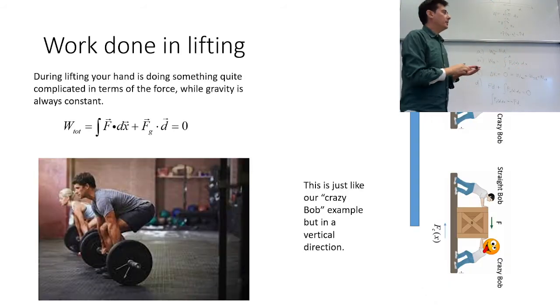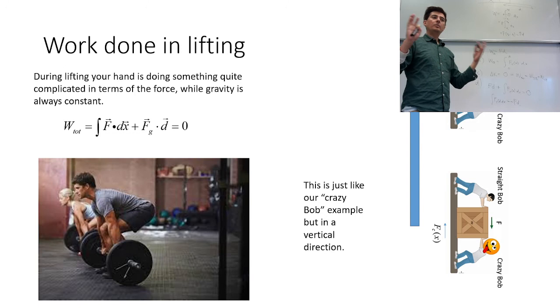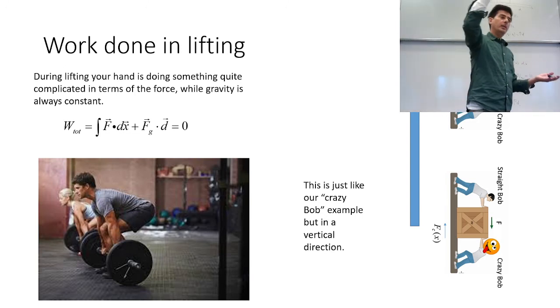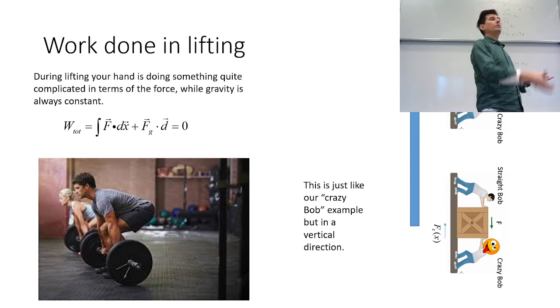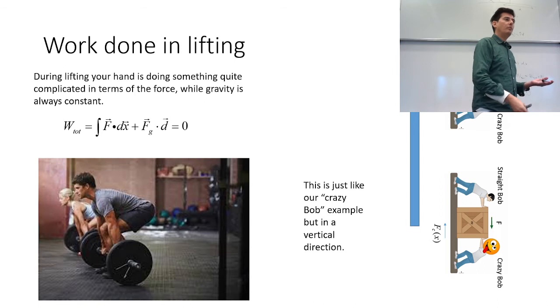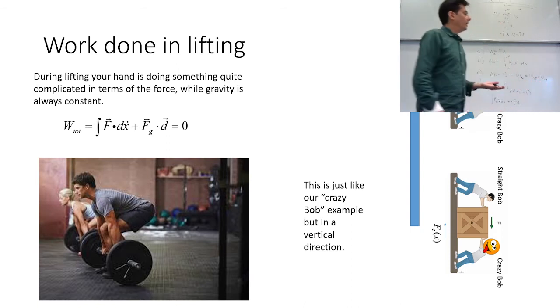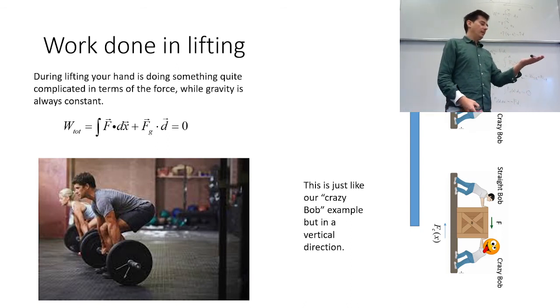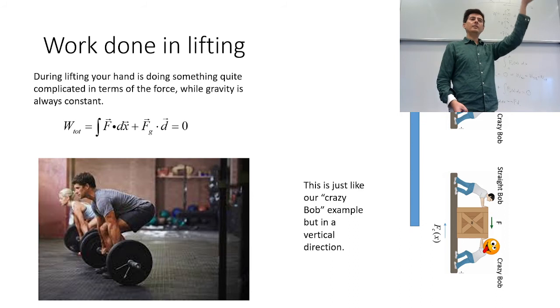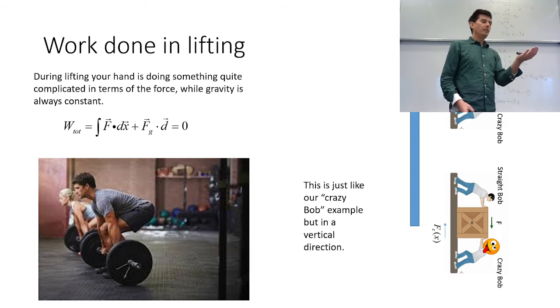Now, actually, this is a lot like the crazy Bob, steady Bob example, because gravity is always a constant force, just pulling down. It doesn't really matter what you're doing. Same force, so long as the mass is not changing. Whereas the way that I push up on this thing is not really steady at all, right?